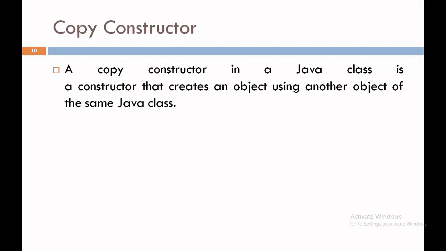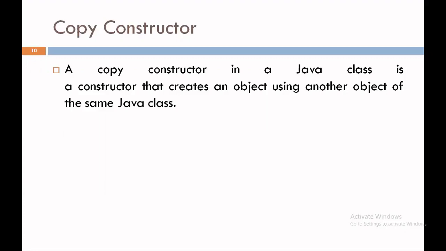But unlike C++, Java does not create a default copy constructor if you don't write your own. Generally, the copy constructor is a constructor which creates an object by initializing it with an object of the same class, which has been created previously.